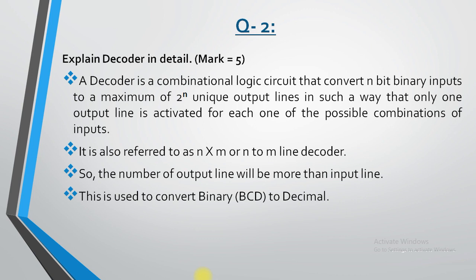Now see, if you have 2 input variables, the output will be 4. Why? Because n equals 2 and 2 raised to n equals 4. Let me repeat this point once again.